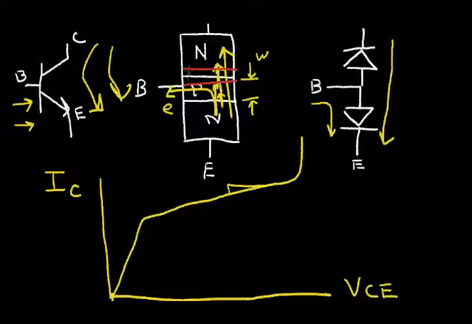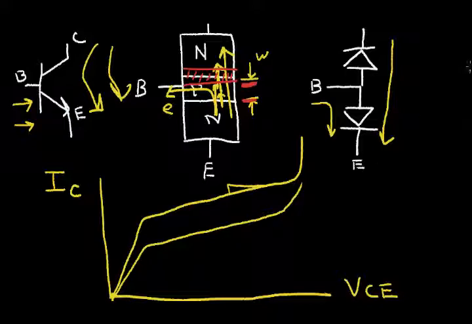When I do that, that increases the width of the depletion region for the base collector. And the increase in depletion width makes this base width a little smaller. And that actually improves the transistor performance a little bit. So that's not so harmful. Now, if I have a little bit less base current, I'll get a curve that's further down here, and then eventually it breaks down.